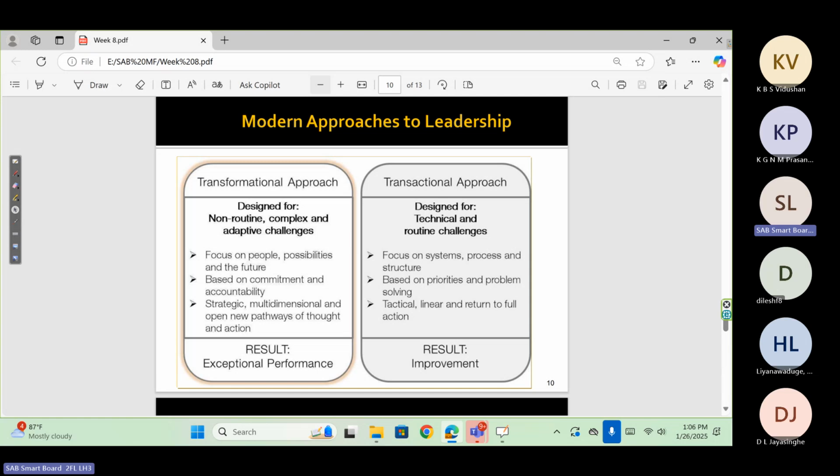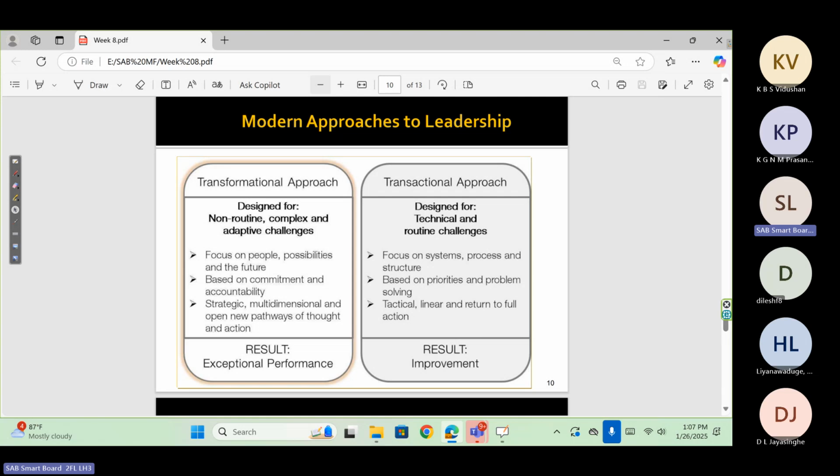But looking at the focus of the two, we see a difference also. Transactional leaders try to have marginal results. Transformational leaders try to have very exceptional, excellent results. Right. So in result orientation we see a difference, but both target results. Then both leaders try to accept challenges.